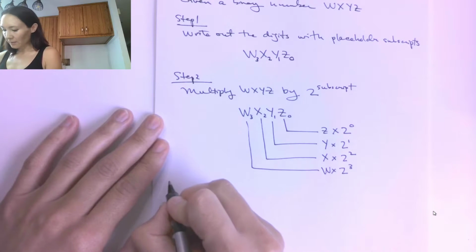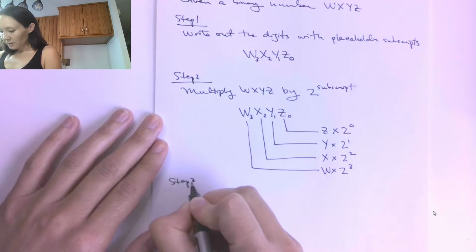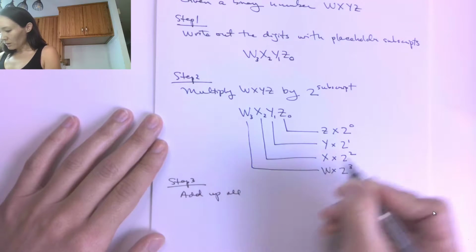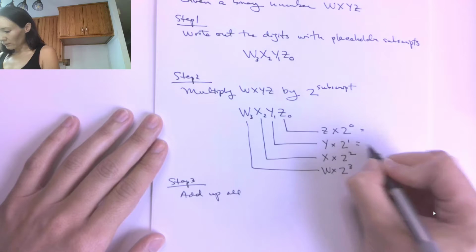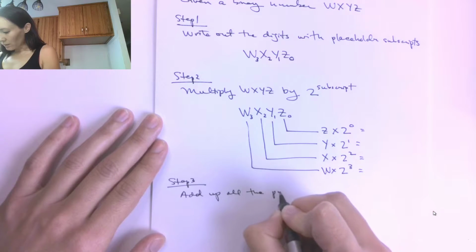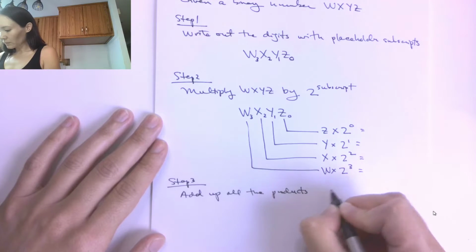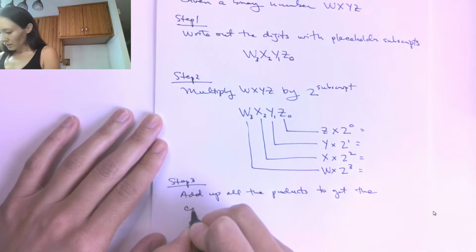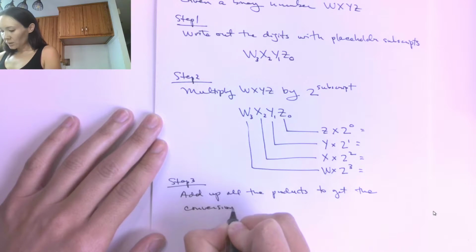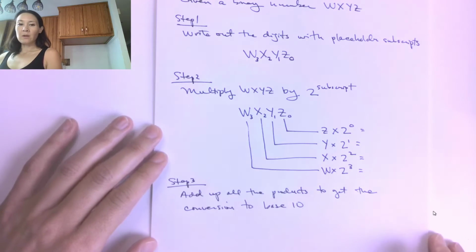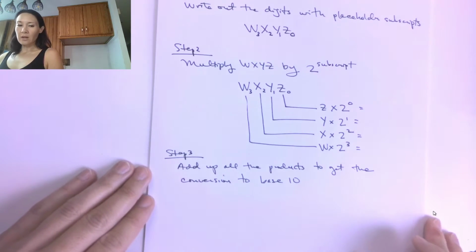And then the last step in this method, step 3, is we just add up all of these products, whatever that is, to get the conversion to decimal, to base 10.